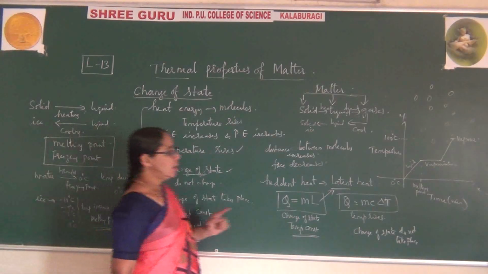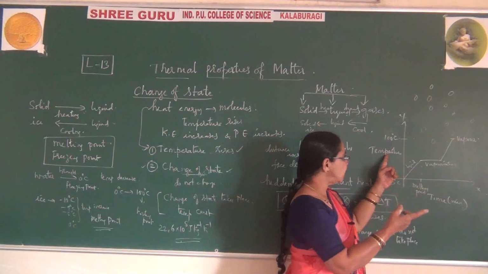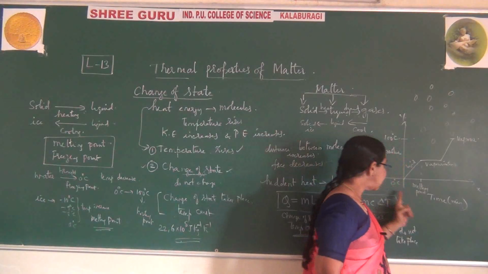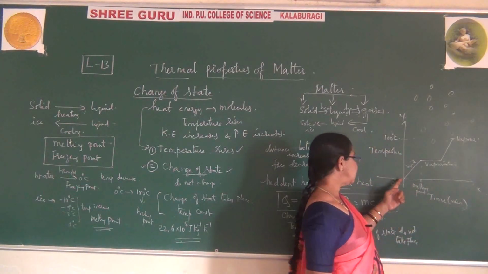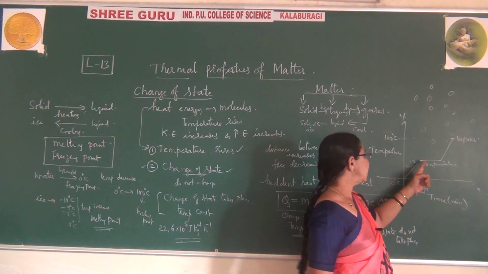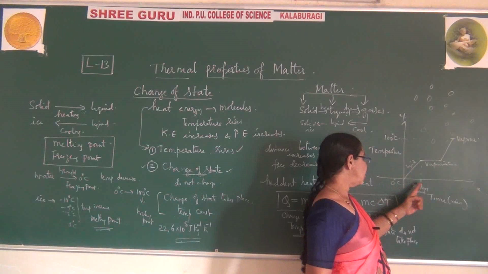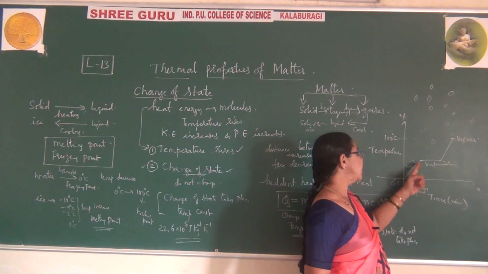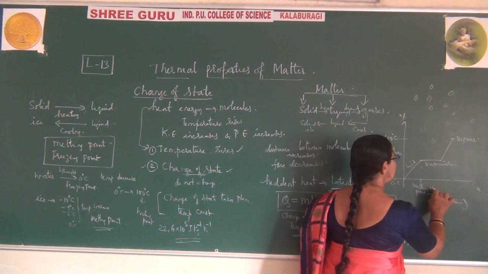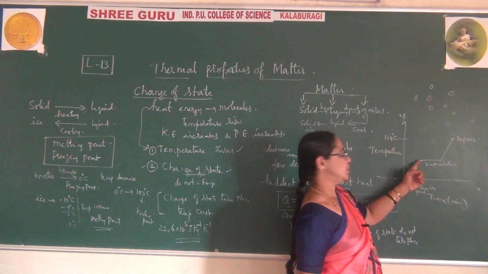Okay, and I said as the temperature increases from 0 to 100 degrees centigrade, as time elapses, you can observe that ice at this position is converting to liquid. That is the melting point, melting of ice at this position.